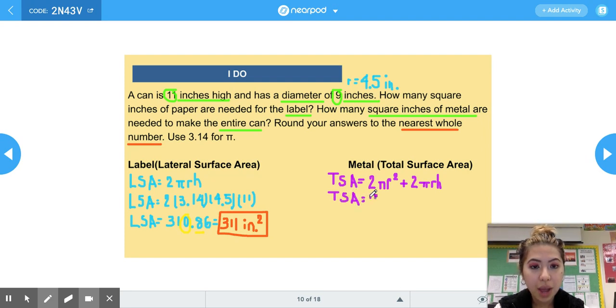So for pi, we're going to use 3.14. Our radius, again, is 4.5, so we're going to have to square that or multiply it by itself. So we're doing 4.5 times 4.5. And then we're going to have to add the 311.